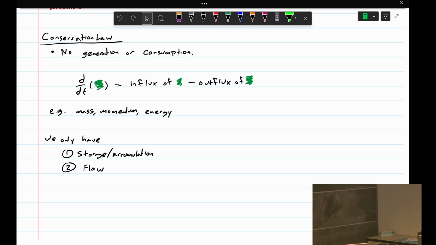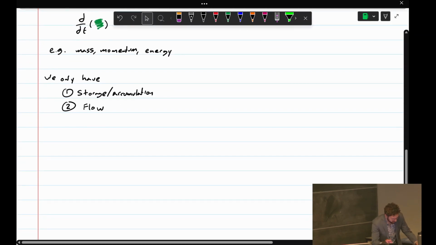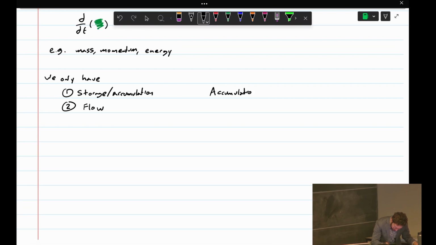So we're not accumulating anything. Whatever goes into our control volume, whatever shape it is, it has to go out at some point, or else we will store or accumulate, causing some sort of time rate of change. So very good. Accumulation equals 0 for steady state.